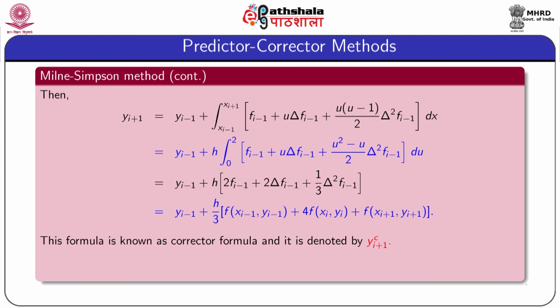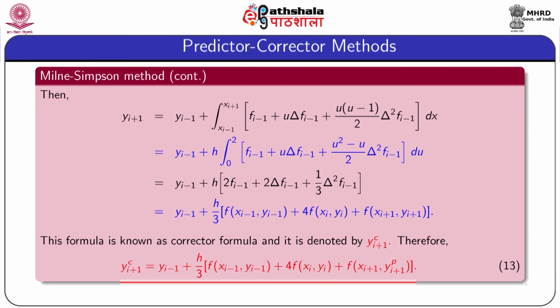This formula is known as the corrector formula and it is denoted by y(i+1)c. Thus, y(i+1)c equal to y(i-1) plus h by 3 into (f at x(i-1), y(i-1) plus 4 into f of x(i), y(i) plus f of x(i+1), y(i+1)p), where y(i+1)p is the value obtained by the predictor formula.